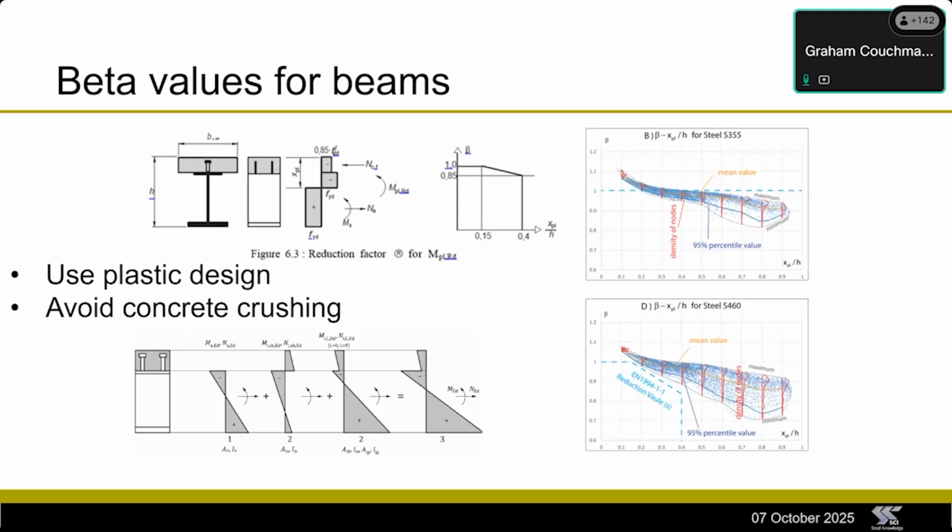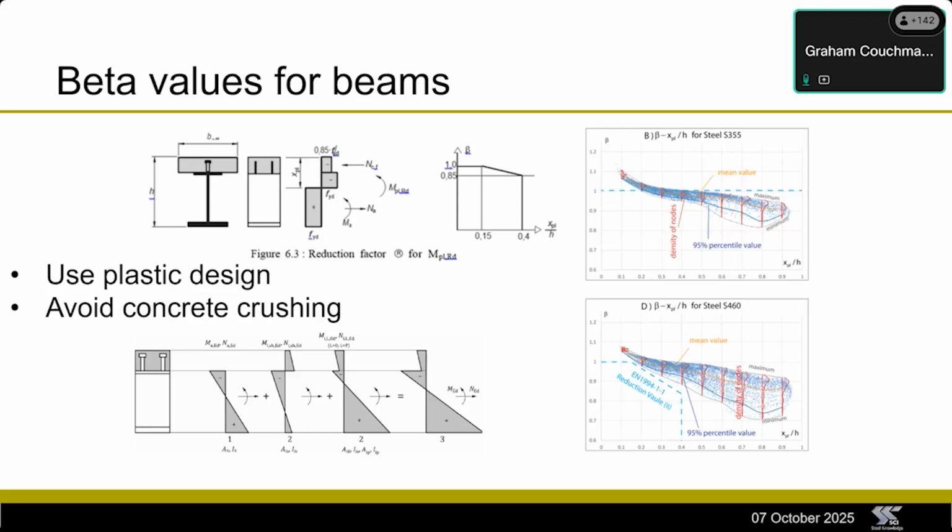So as a concept, you can understand that if you need a lot of curvature to yield the steel, and that's then going to crush the concrete, you won't actually be able to achieve that composite plastic moment resistance. It's made particularly worse if you've got high strength steel, because then you need more strain, more curvature, to yield the steel.